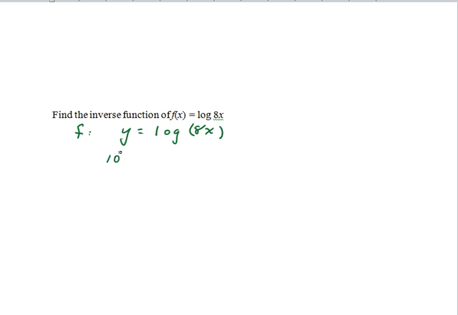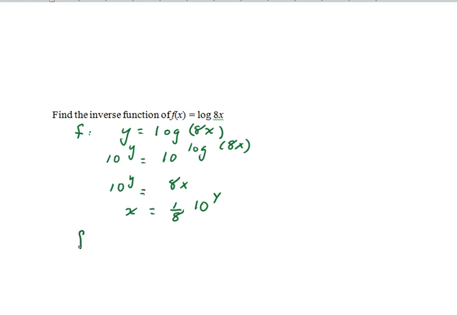Since we've got a common log, we get 10 to the y equals 10 to the common log of 8x, which gives 10 to the y equals 8x, or x equals 1/8 times 10 to the y power, or 10 to the y divided by 8.